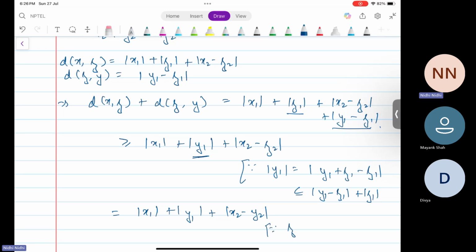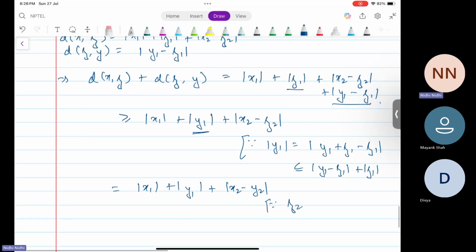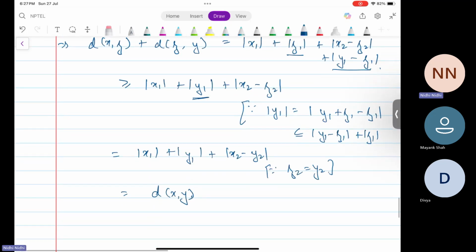Why? Because z2 is equal to y2, and this is what we needed. This is dxy. Therefore, dxy is less than or equal to dxz plus dzy.